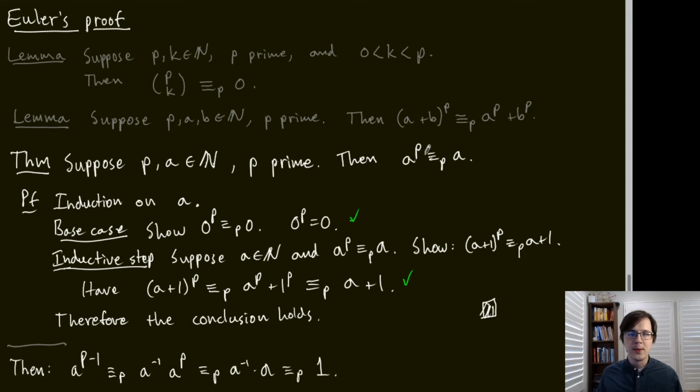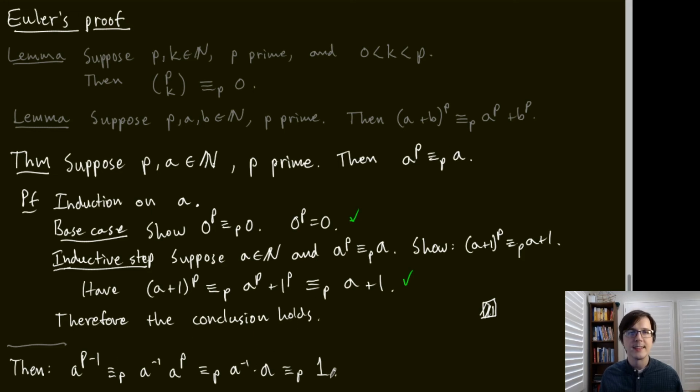So I want to point out, and I mentioned this already before, that this implies the other form, because if a is invertible, then a to the p minus 1 is a inverse times a to the p, and then that is equivalent mod p to a inverse times a, by what we just showed in this theorem, and a inverse a is 1.